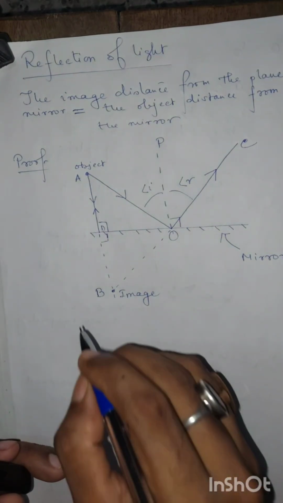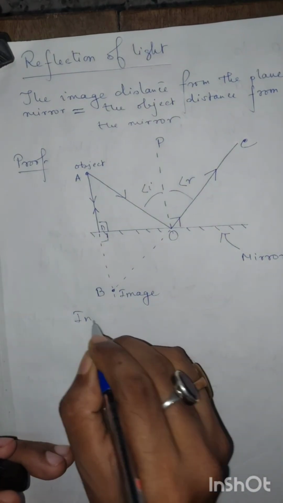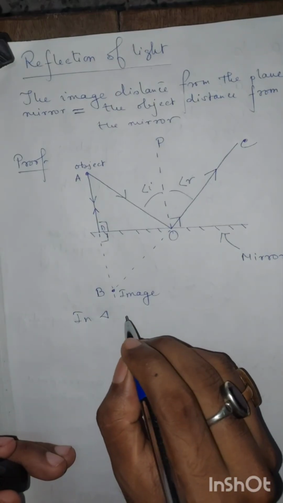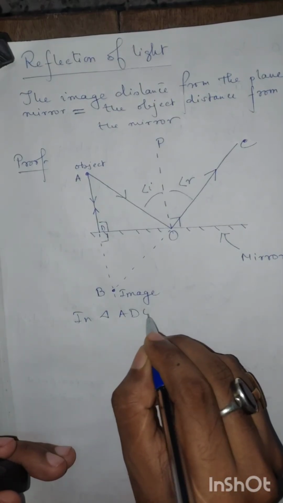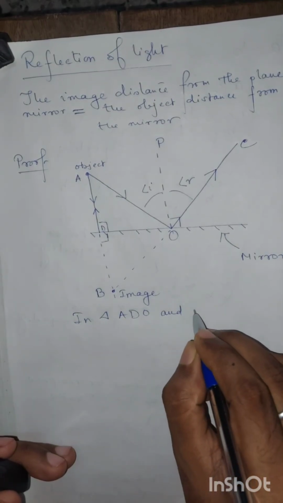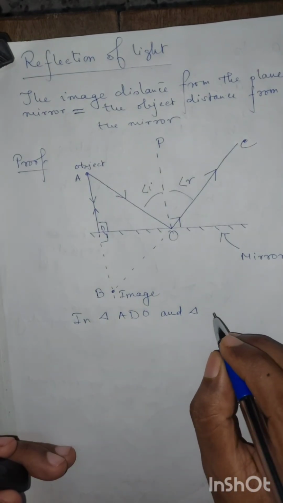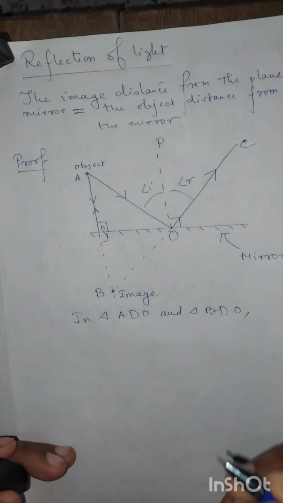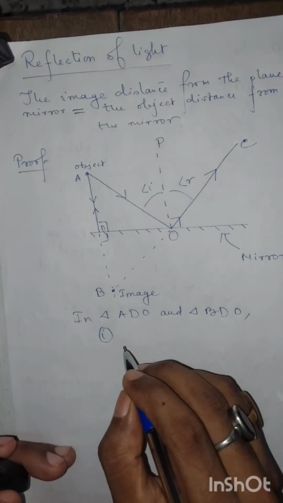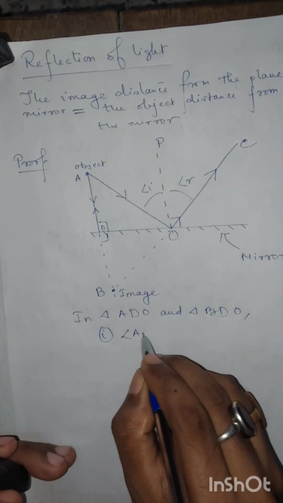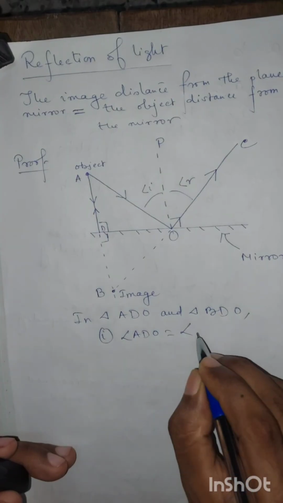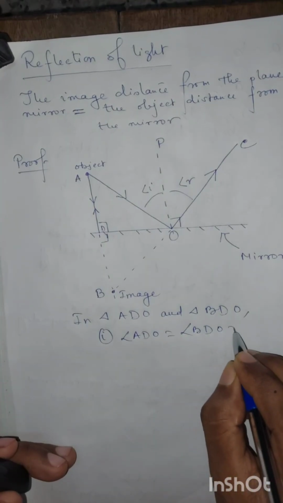Now we can see that in triangle ADO and triangle BDO, number 1, angle ADO is equal to angle BDO, 90 degrees.